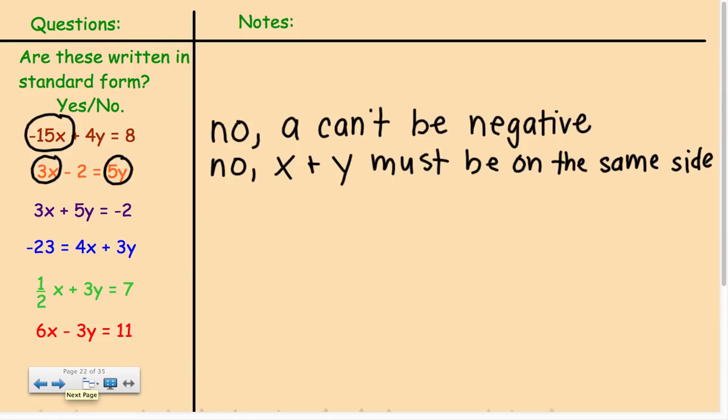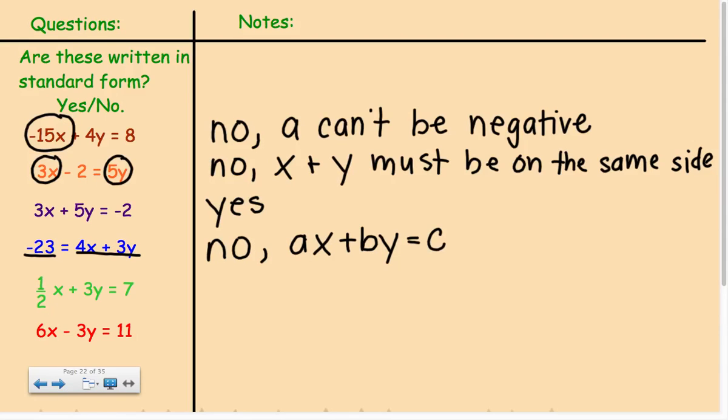Third one, x and y are on the same side. A is positive, B and C are integers, and there are no fractions, so that one is yes. Fourth one is hard. It's following all the rules except x and y are on the right, and the negative 23 is on the left. So technically it's no, because it has to go in this order.